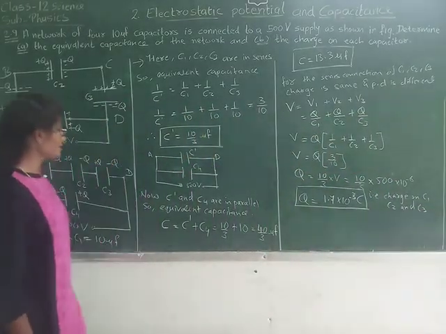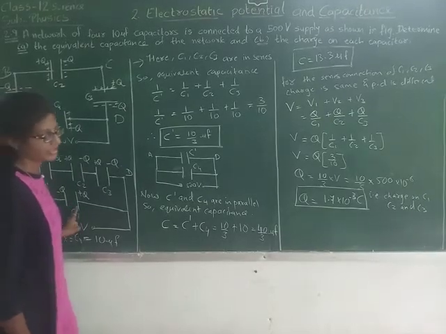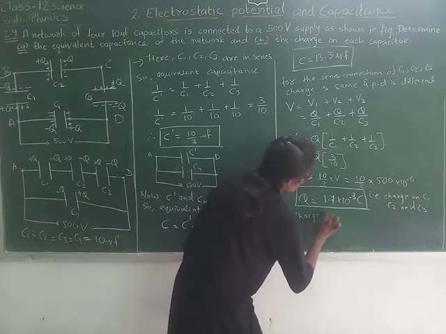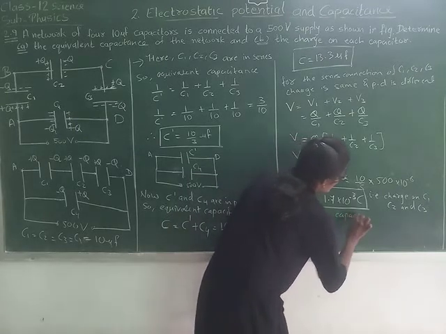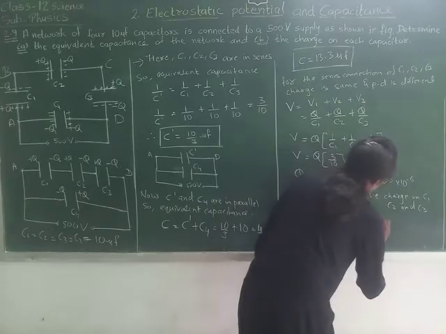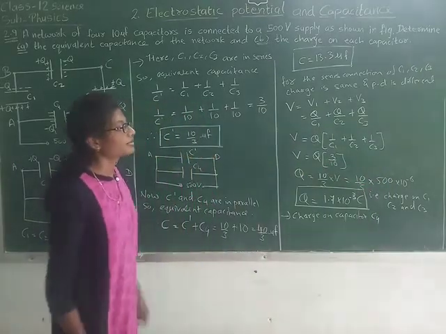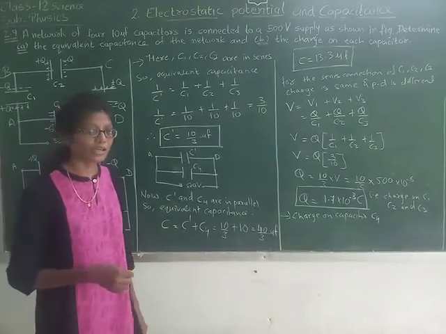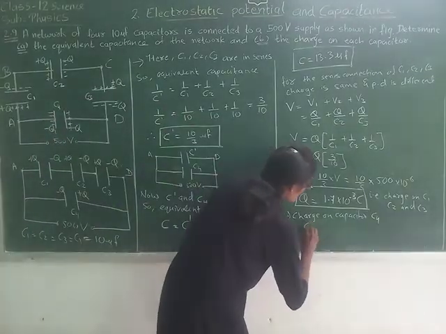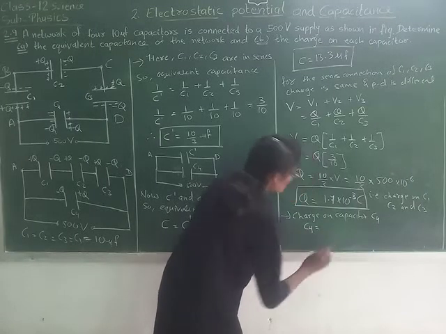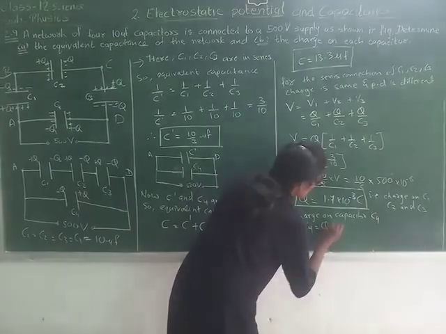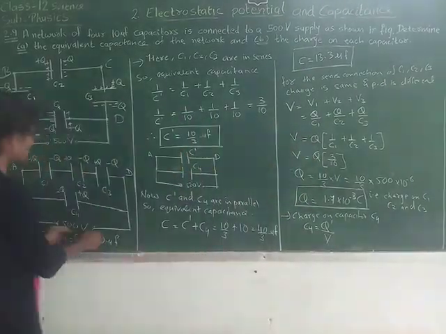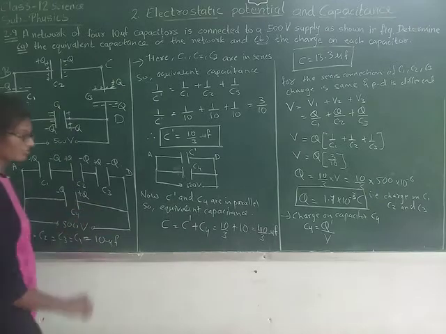Now we need to find the charge on capacitor C4, right? Again, what equation will we use? We will use the equation C equals Q by V, right? So here we are finding for capacitor C4. Charge on that will be Q dash upon V, the potential difference applied to this capacitor C4, that is 500 volt.